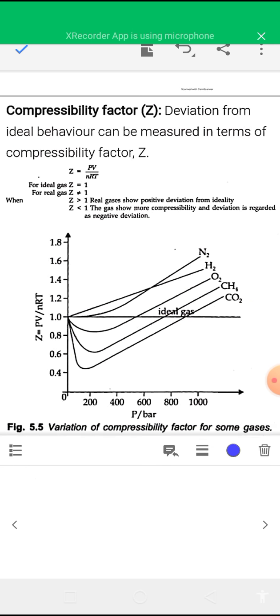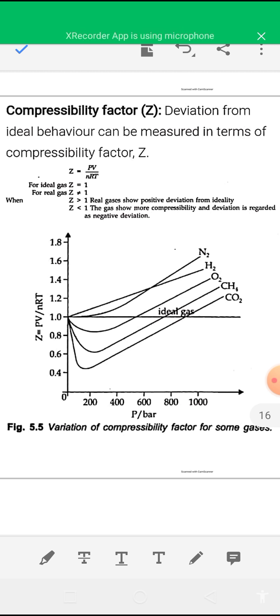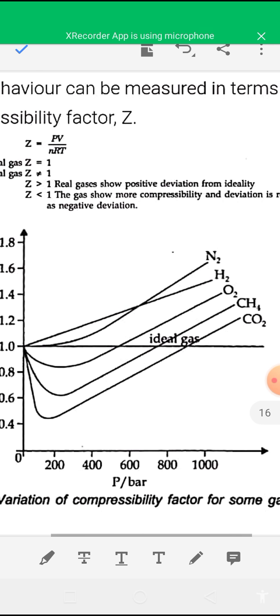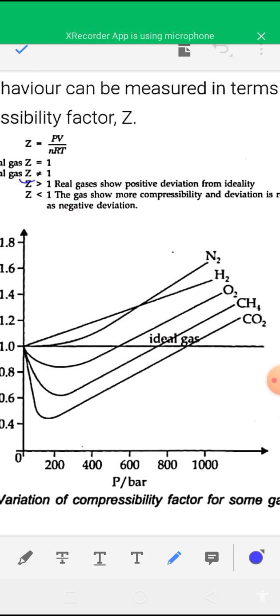So real gases show two types of deviations. One is positive deviation: when the value of Z is greater than 1, it is positive deviation, and for gases like hydrogen and helium, Z is greater than 1. And gases show negative deviation when Z is less than 1.